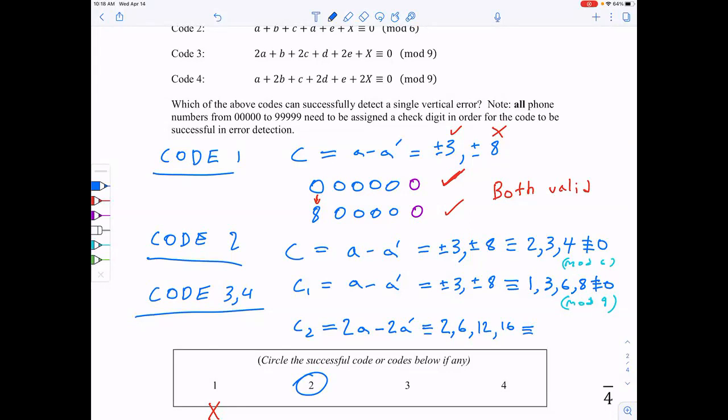Or we can just maybe notice that none of these are 0 or 9 or 18. So these are also not congruent to 0. So again, we get successful error detection for codes 3 and 4. So the only one that didn't work out this time was code 1. So that is the vertical error for a phone number problem example.